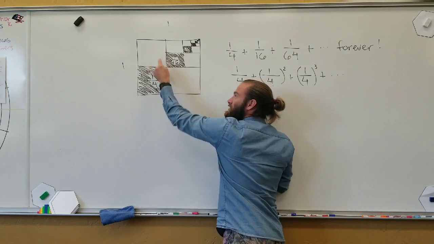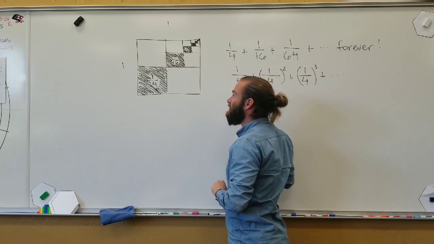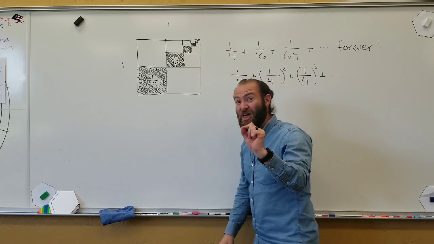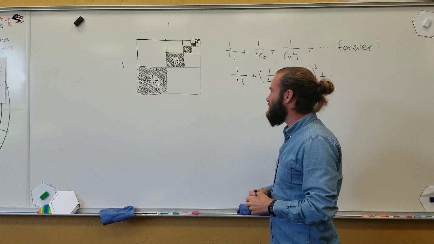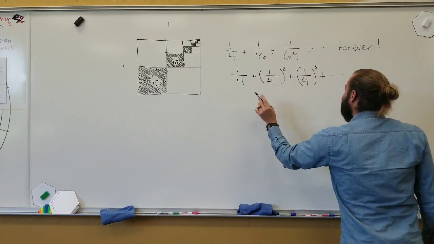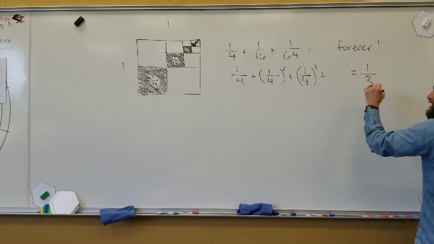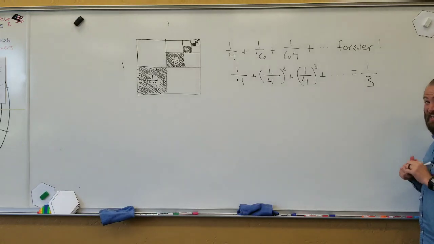I want you to notice something. This big one has 2 other matches, and then this one has 2 other matches, right? If you notice, this whole string takes up exactly 1/3 of the entire square. So if we added this up forever, it ends up being equal to exactly 1/3. And that's actually true.